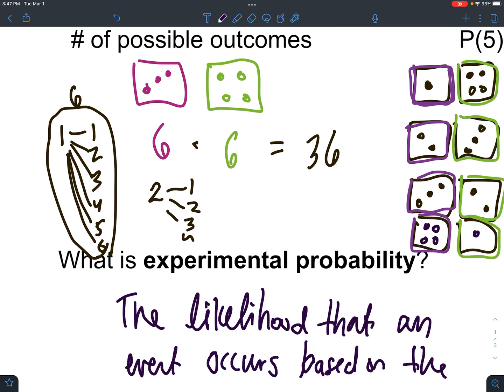Some things you can't theoretically do. One example in class was we talked about the probability of you going out on a football game and getting hurt. You know, that's not something you can sit behind and calculate. The only way you can get an answer or probability of that happening is looking at past data or past occurrences, right?